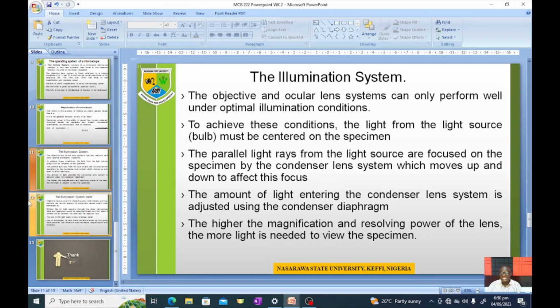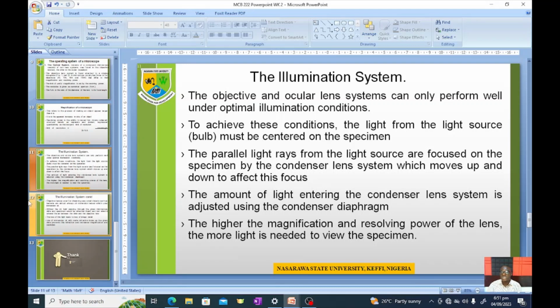Now, the illuminating system. The objective and ocular lenses can only perform well under optimal illumination conditions.